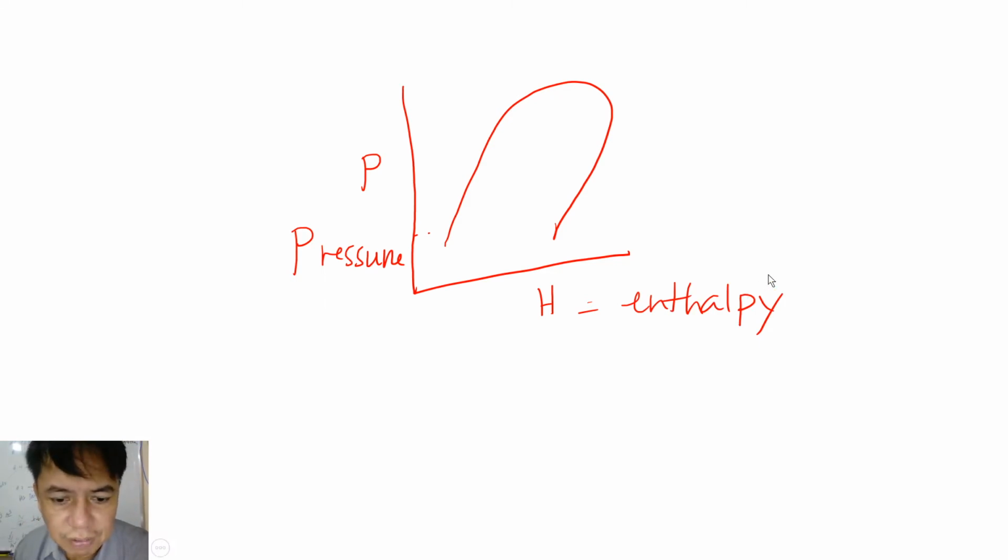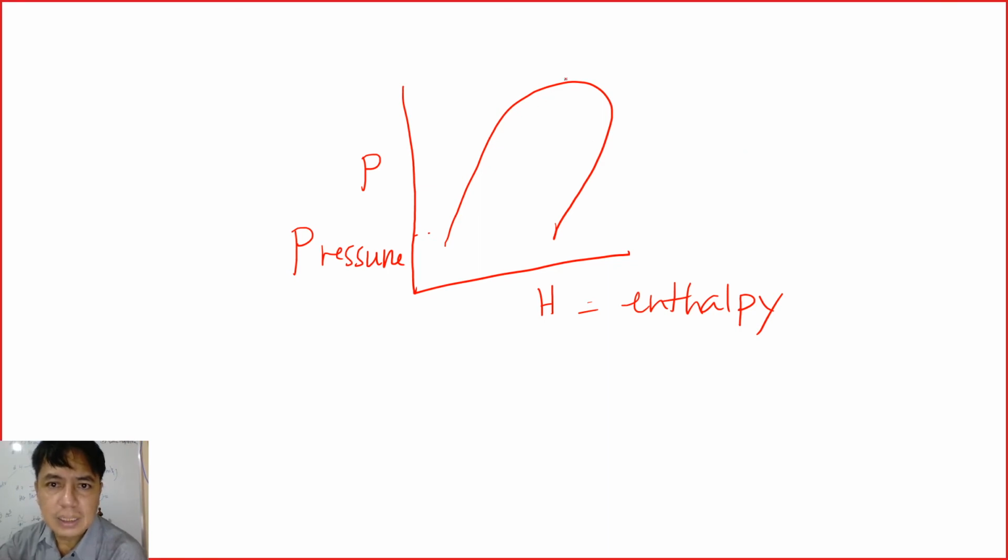H is enthalpy, right? These are the properties of thermodynamics, whether in air, fluid, gas or other form. So that is enthalpy. Now we can divide this curve into two.